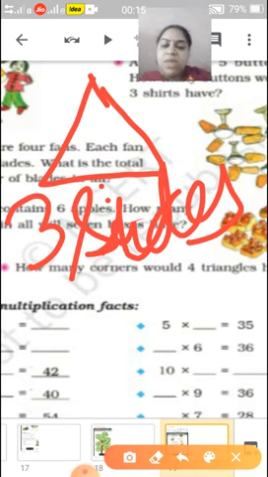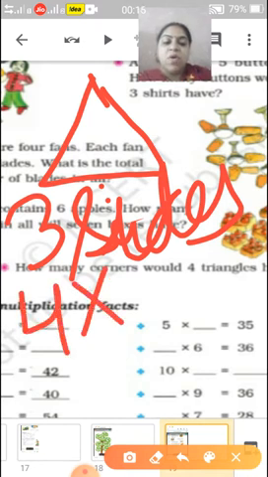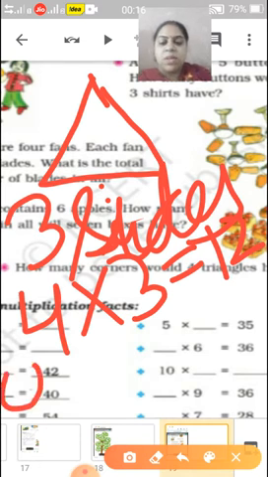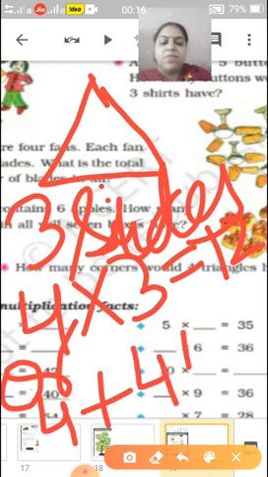So that means 4 times of 3, that means 12, means in 4 triangles there are 12 corners, or you can write 4 plus 4 plus 4 is equal to 12 corners. Okay.